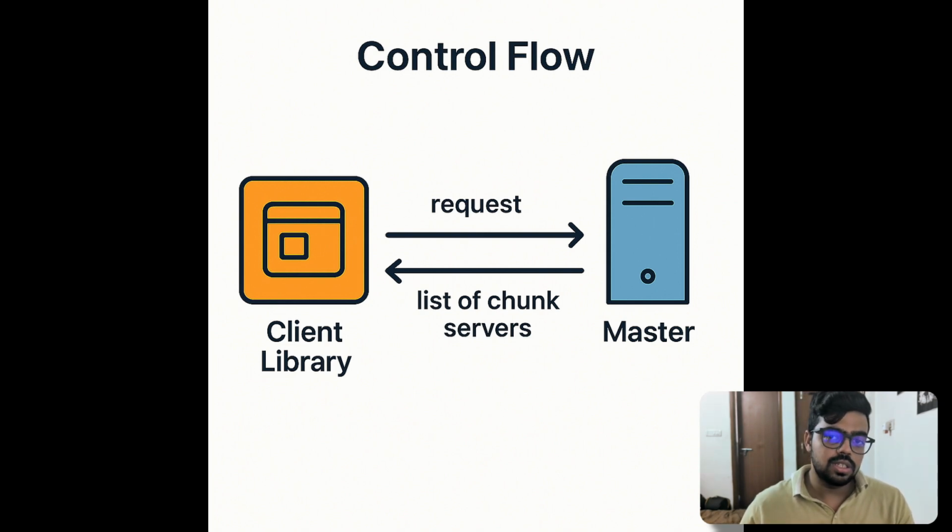How does this control flow work? The client asks the master, "Hey, this is the chunk number. Can you return all the servers from which I can fetch this particular chunk?" The master checks its metadata database and returns the list of servers that hold that chunk.